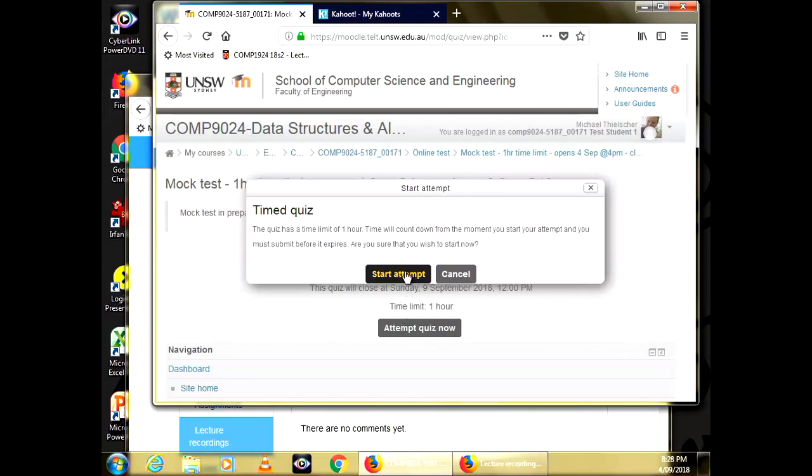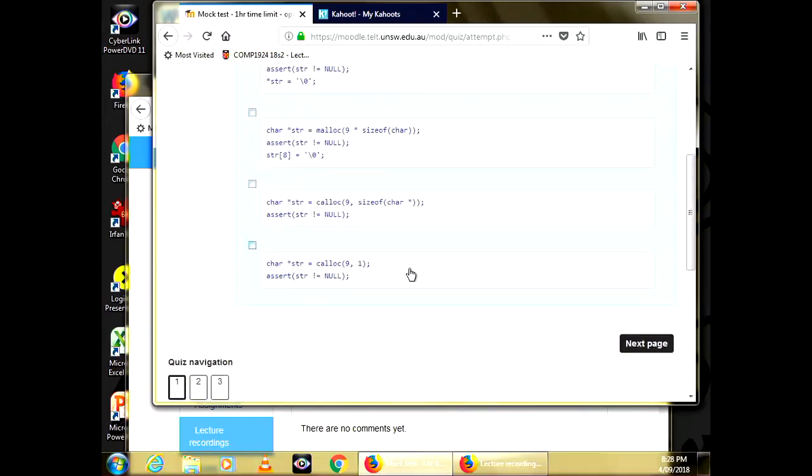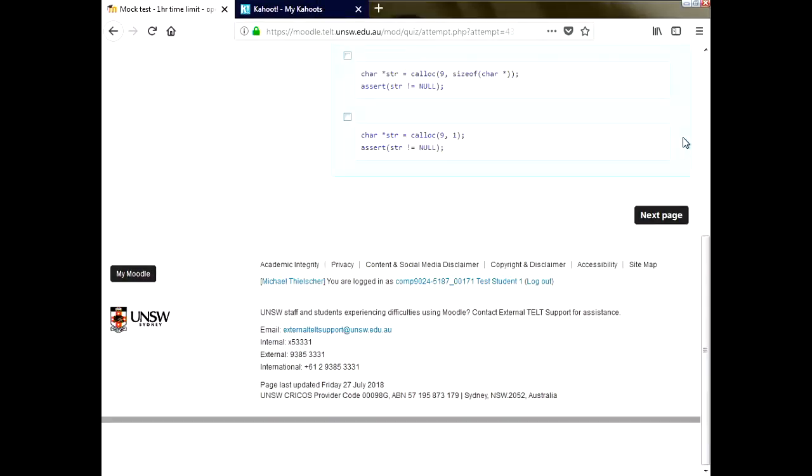So as soon as you really start the attempt, what happens is that there is a clock somewhere which would be ticking down. It's down here. Actually, on my browser, the Google Chrome I think I used, it was a bit nicer because this quiz navigation was actually to the left of the questions.